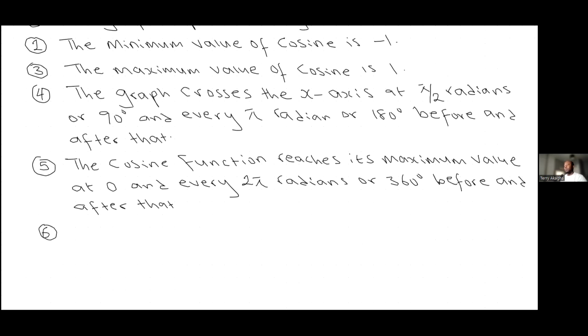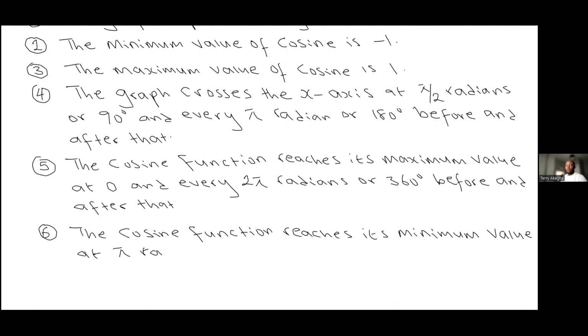So the cosine function reaches its minimum value at pi radian or 180 degrees, and the same thing every 2 pi radian or 360 degrees before and after that.